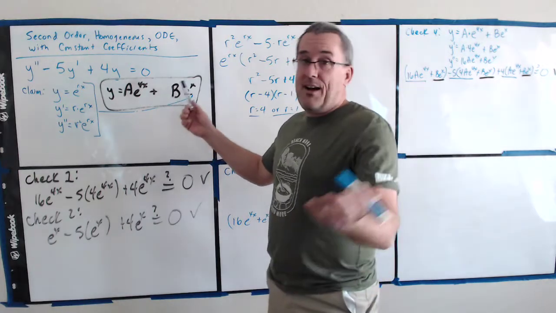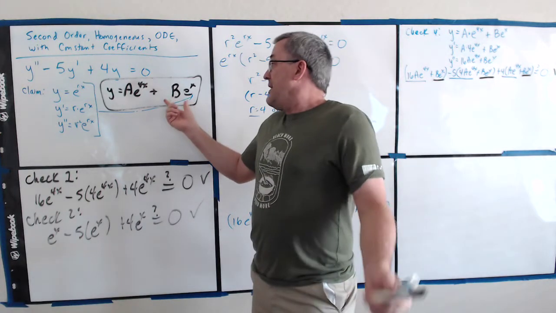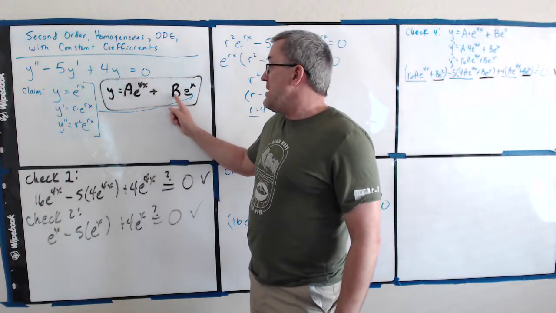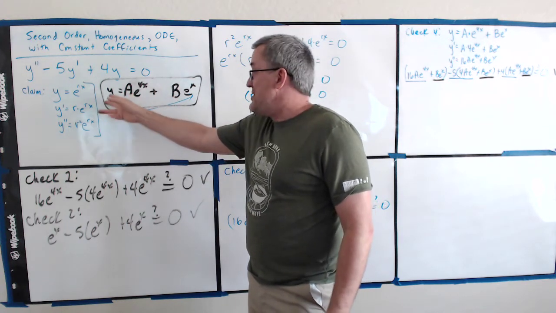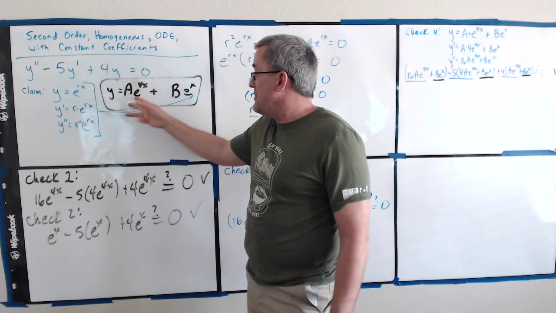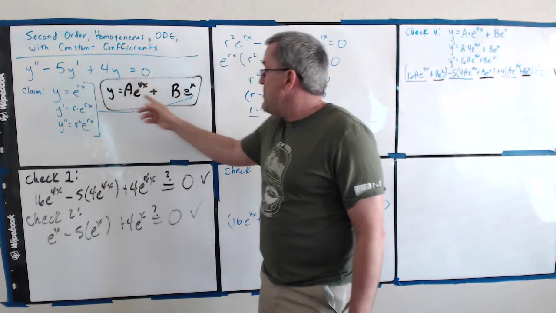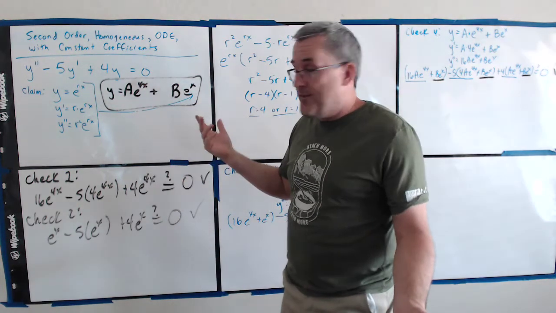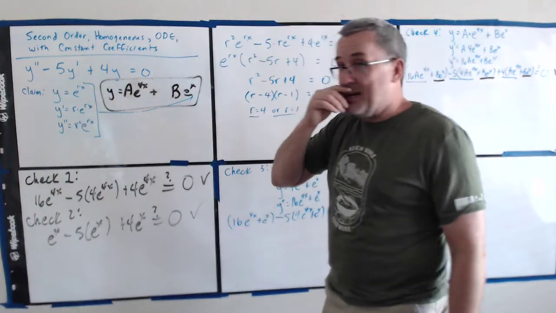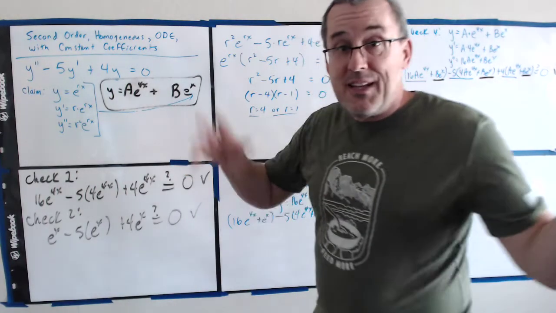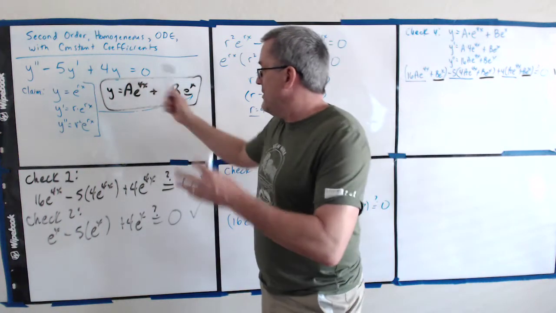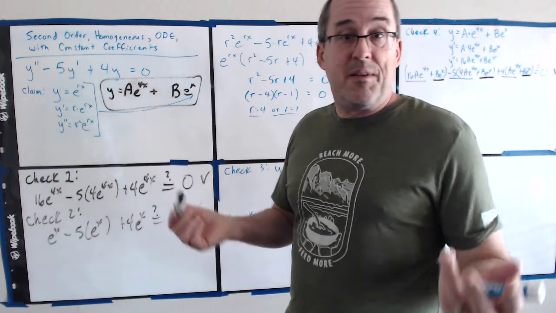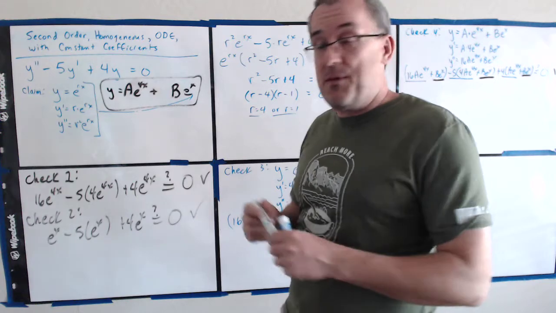Now you might see, in a given situation, let's say b was 0 and a was 1. Well, then we've just got our first case of y equals e to the 4x. Or if a was 0 and b was 1, we have our second case of just y equals e to the x. But any multiples and any sum of those is also solutions. So how we will get all of those is through some initial conditions. We would have to know some initial thing.